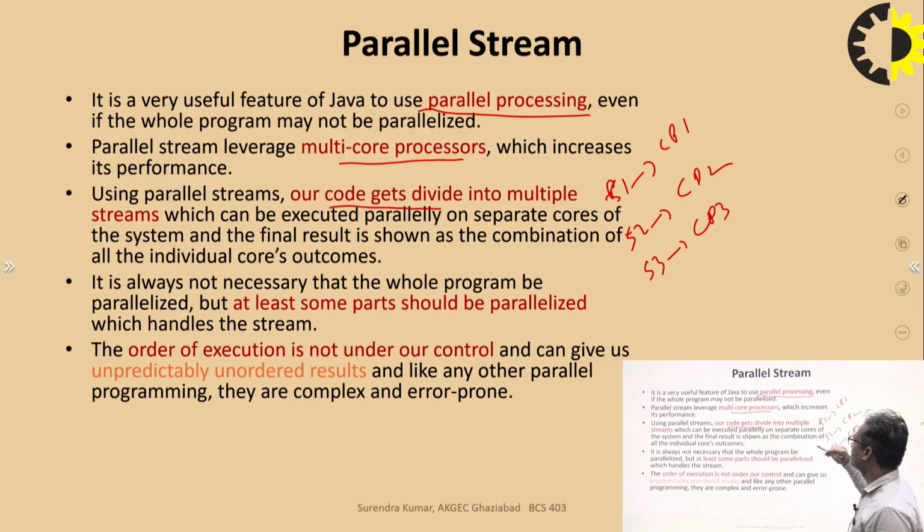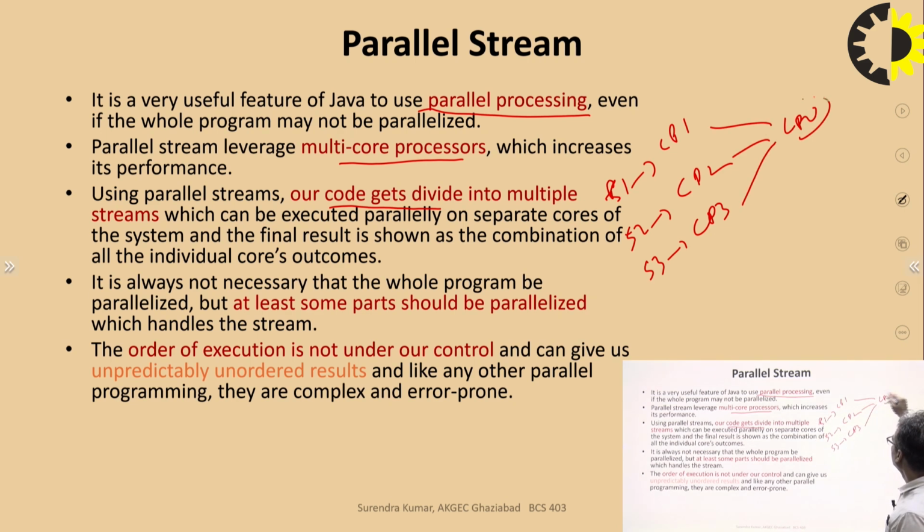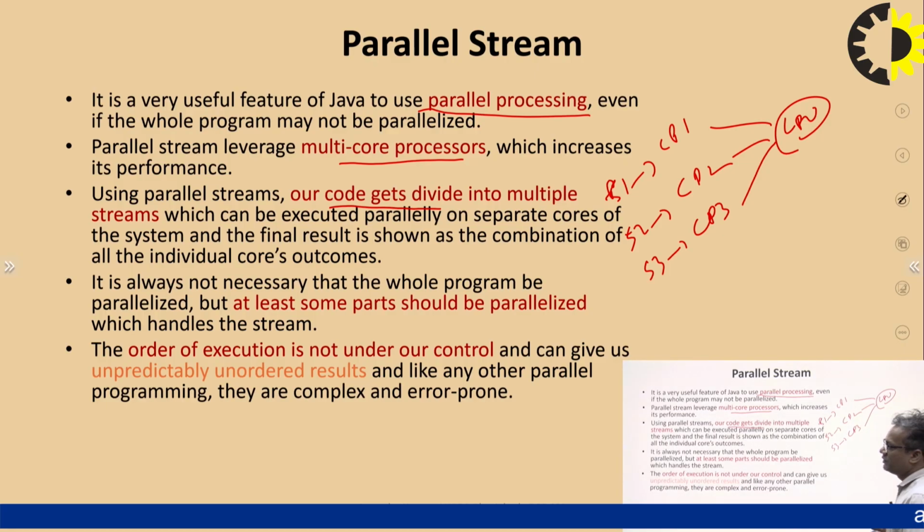Our code gets divided into multiple streams which can be executed in parallel on separate cores of the system, and the final result is shown as the combination of the core results. It is not always necessary for the whole program to be parallelized, but at least some part which handles the stream should be.